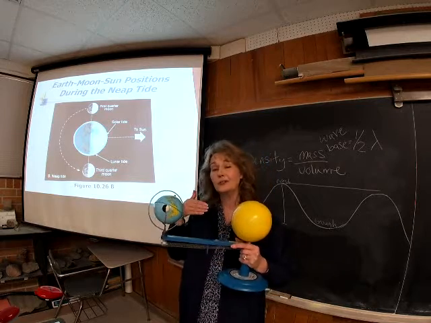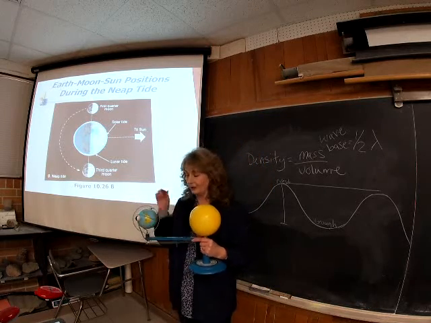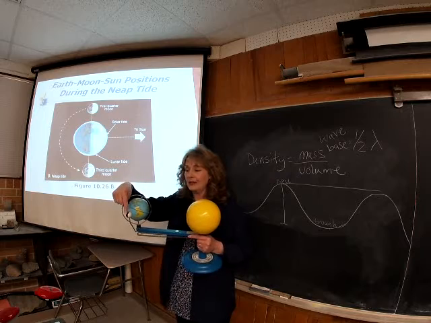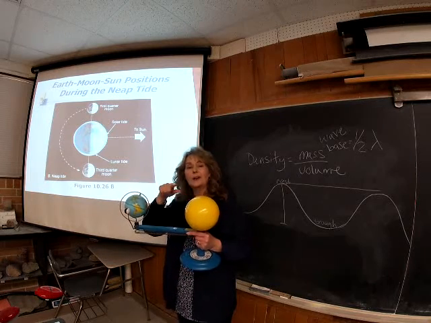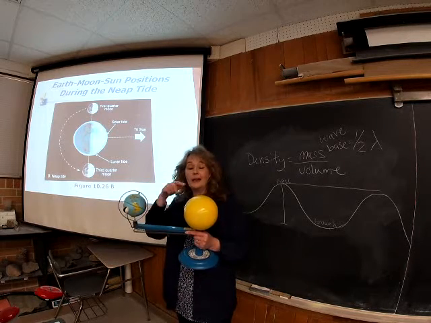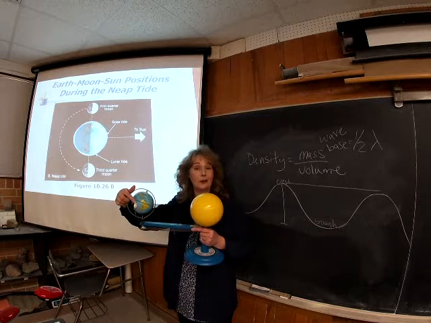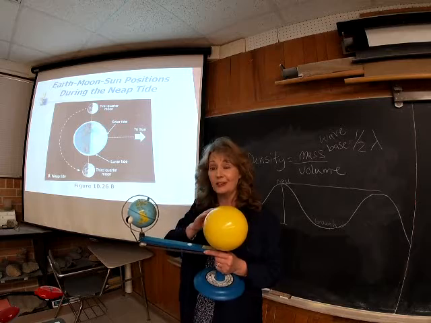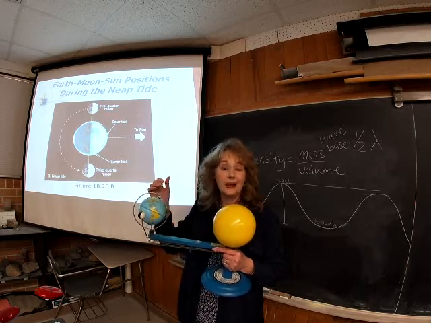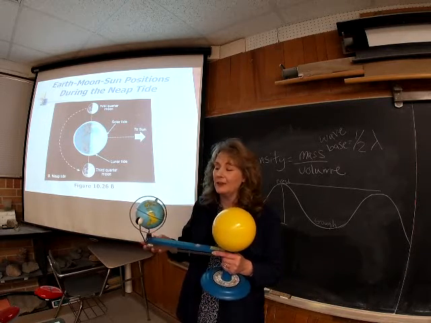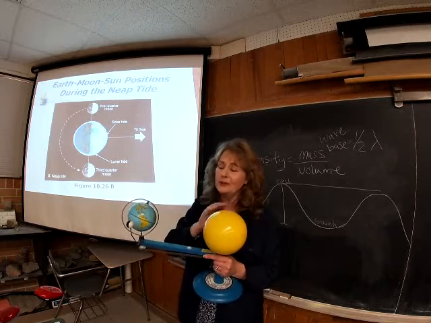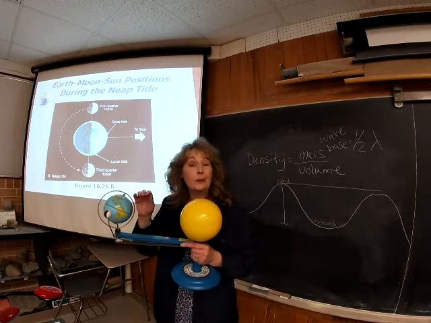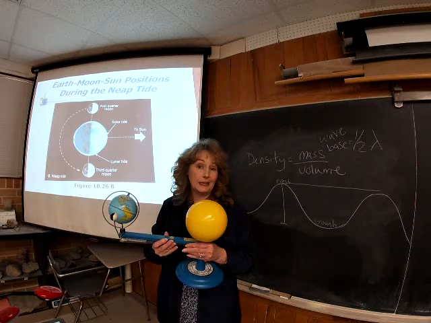Okay, so at first quarter or third quarter moon, look at the orientation of the sun, earth, and moon. They're at a 90-degree angle. So those gravitational forces are offset just a little bit. They're not adding together. They're opposing each other. Of course, the sun's really far away, but they do oppose. They're not adding those forces together.